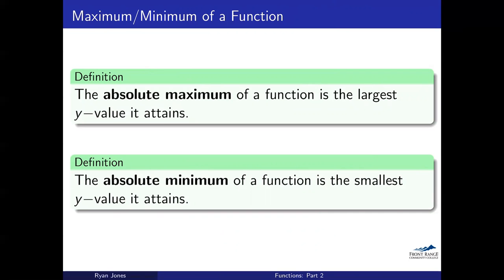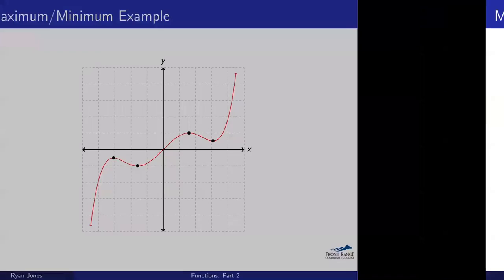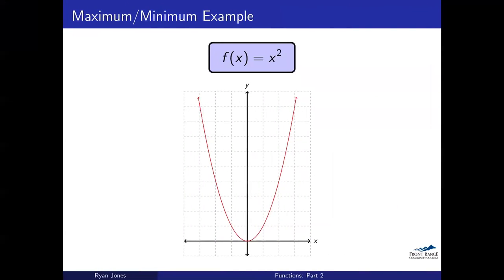And so let's actually go ahead and look at a couple of these examples here. Let's skip over that. Let's look here. So right here, the absolute minimum should be very easy. The smallest y value that this graph attains is just 0 right there. And I'll mark that with that green line. So the absolute minimum would be 0.